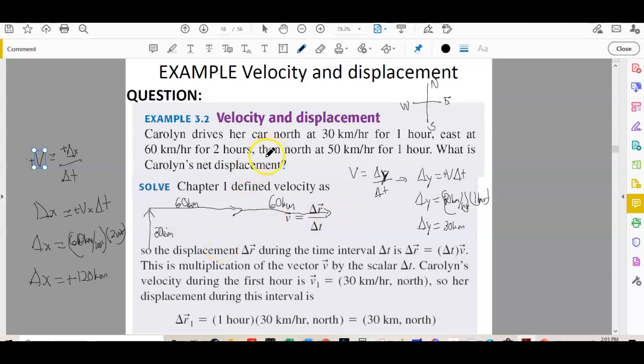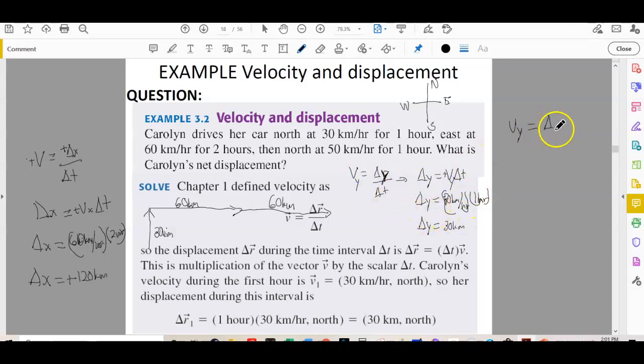And then she's going to drive north again at 50 kilometers over 1 hour. Well, so now she's driving in the y direction. So Vy is going to be equal to delta y over delta t, and I should have put a y on this. Right?